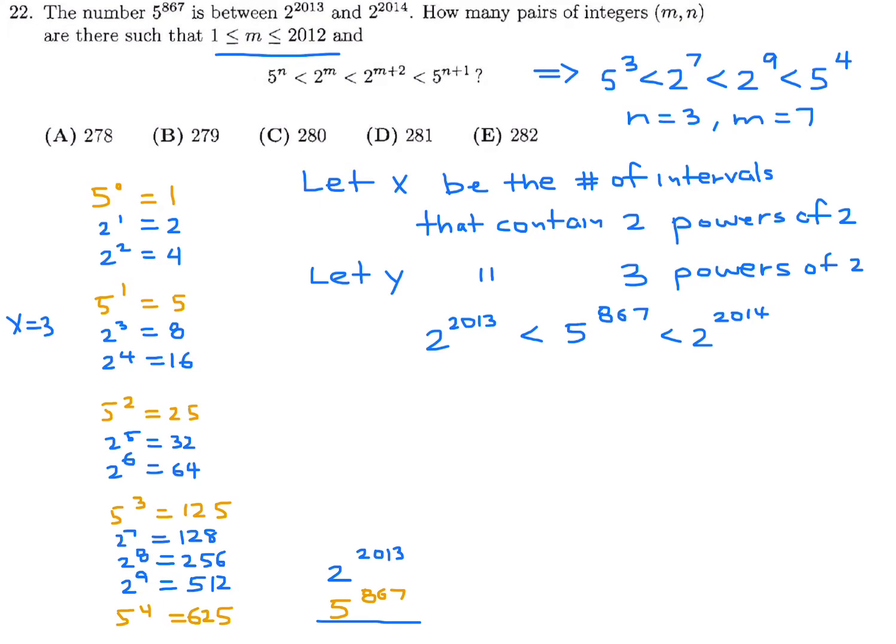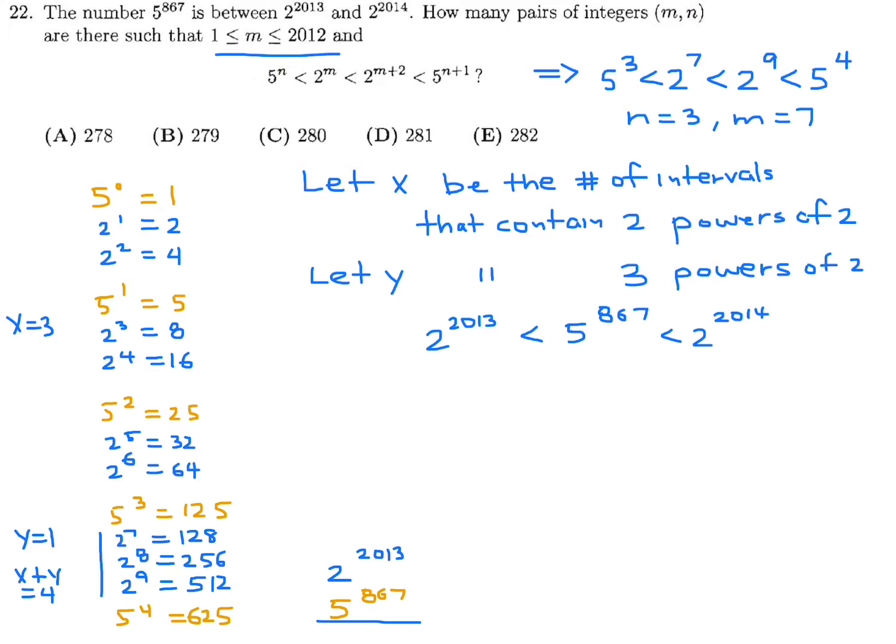Y being the number of intervals that contain 3 powers of 2. Well, there's only one such interval. So y is equal to 1. And notice that x plus y is equal to 4. And that 4 is that number right there, because that 4 tells me how many total intervals there are. And in that case, there's 4.